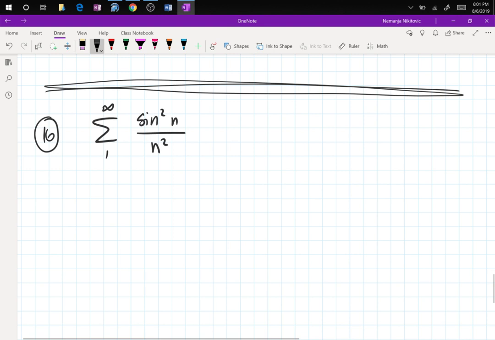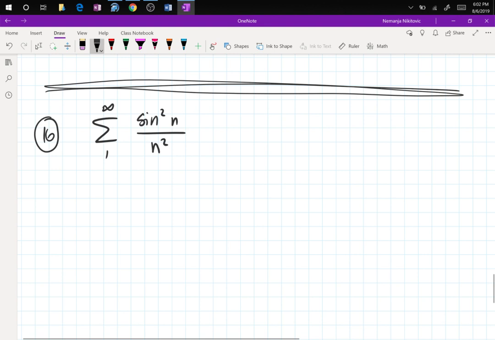So technically what you have there is 1 over n squared. And 1 over n squared converges by p series. When you mush all of this into a limit, it's not going to be good because you will be taking the limit of sine squared. But the direct comparison in this case should do the trick.